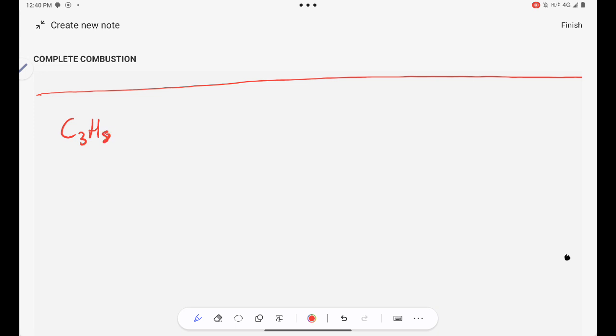If they want me to find the complete combustion of this, all I have to do is add oxygen, and then my products will be carbon dioxide and water. By just doing this, you already have 2 marks out of 3. The other mark is from balancing the equation, because usually this is 3 marks.